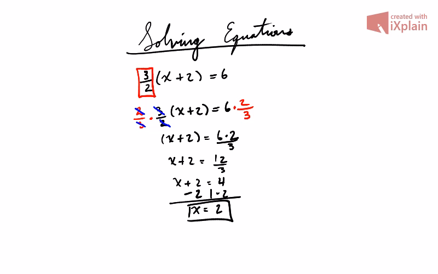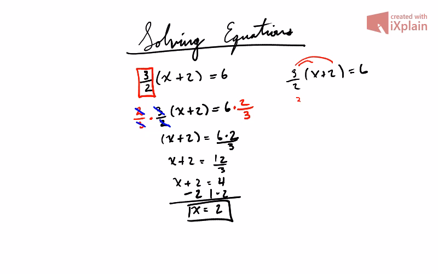Really simple, right? Whereas, had you distributed, because we originally had 3 halves times x plus 2 in parentheses equal to 6, had you distributed that fraction, it would have been nasty, and you would have to do a lot of steps.